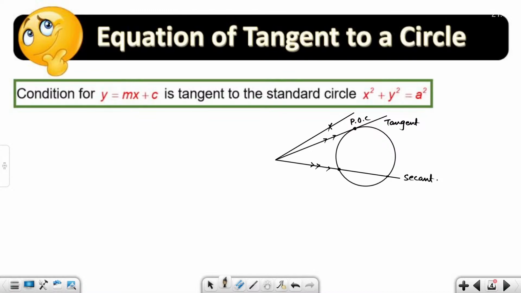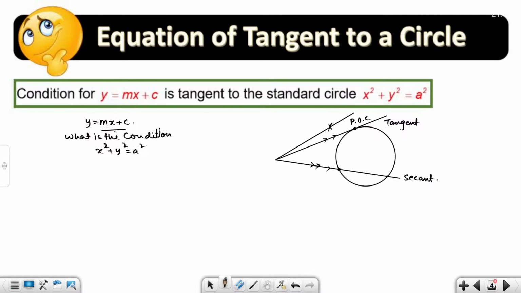Okay, now my question is very simple. We have a line y equals mx plus c. What is the condition such that this y equals mx plus c is a tangent to the circle x square plus y square equals a square, which is the standard form of any circle?